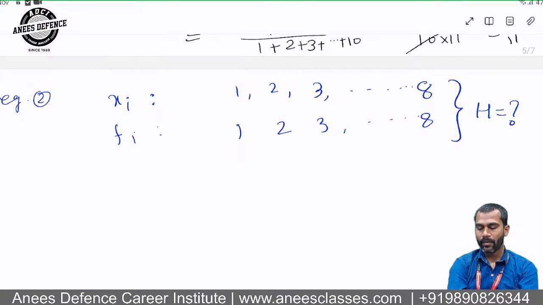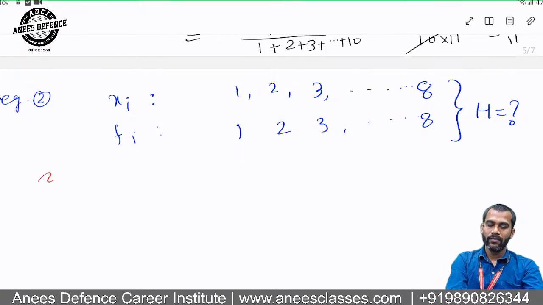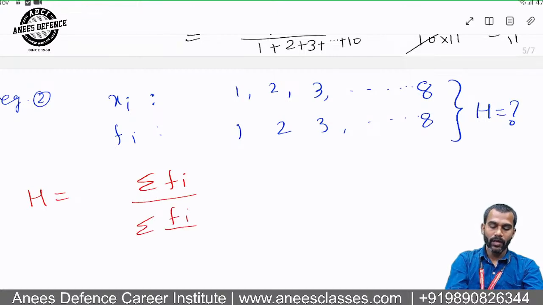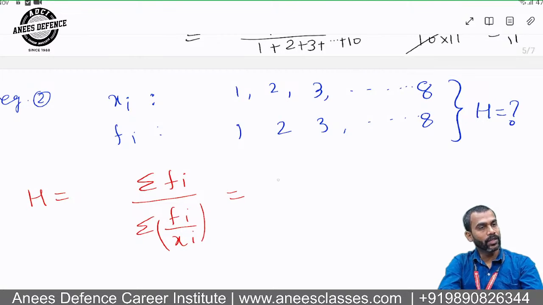Yes. Online students, you're not giving the answers. Very easy. Apply the second formula. What is the answer? H is what? Summation fi divided by summation fi over xi. Simple question, right? What is the meaning of summation fi?